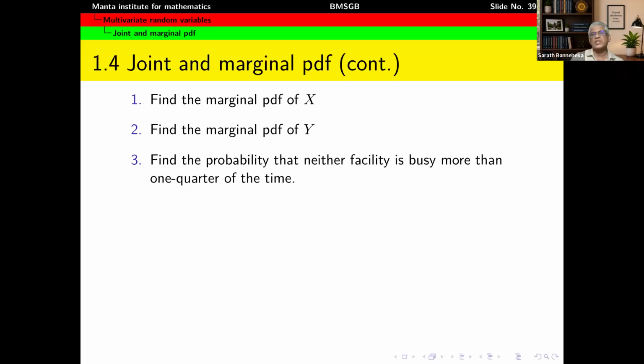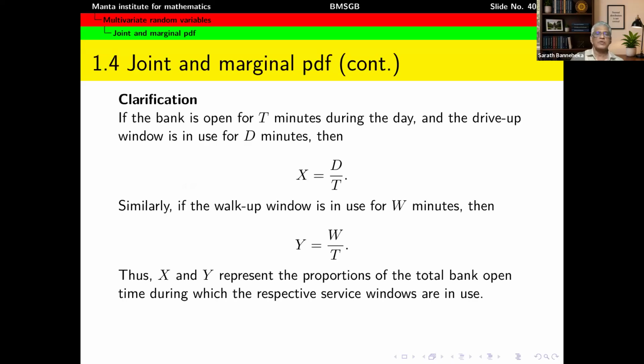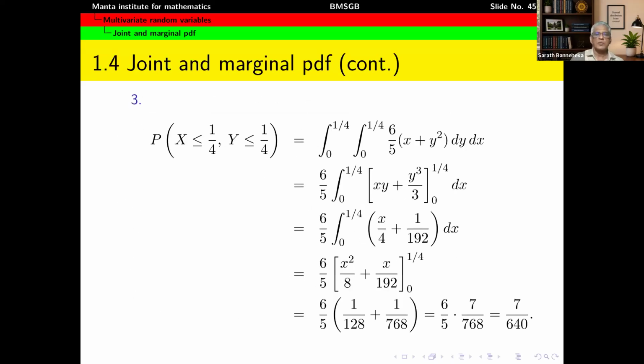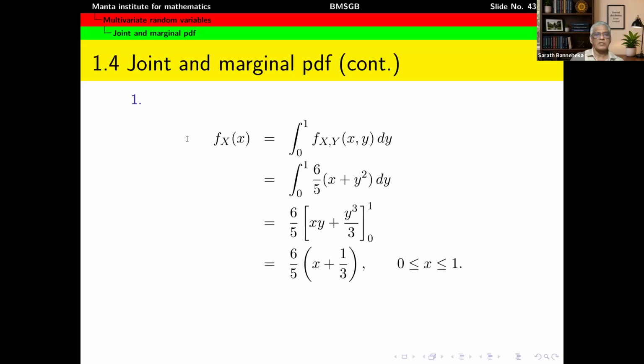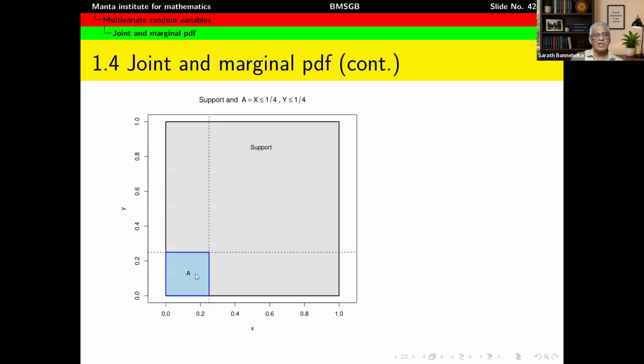What is the probability of that joint event? So we want to look at the probability that x is less than or equal to 1/4 and y is less than or equal to 1/4. This happens when (x, y) is in a certain rectangle. That rectangle is this rectangle, in a certain area A, right?